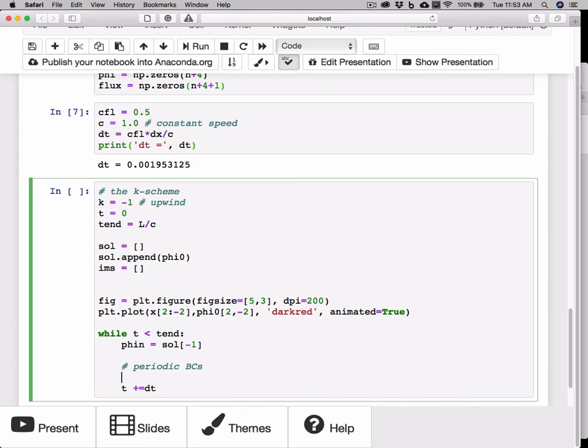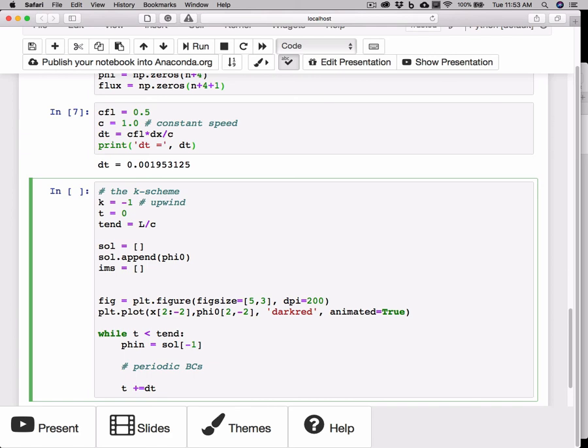And phi[-1] to be equal to phi[3]. Now what about this guy? We want the interior to be here, right? So what do we fill this cell with? This guy goes here, that guy goes here.